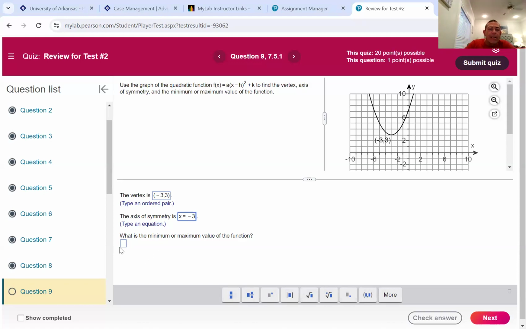All right, Jamin, get this one in. What's the minimum or maximum value of that function? And this one, I'm just wanting a number.